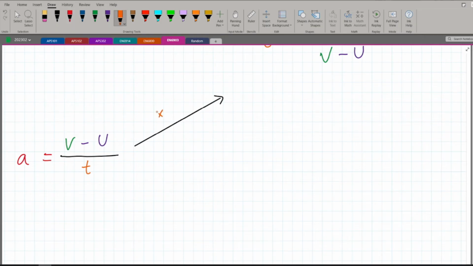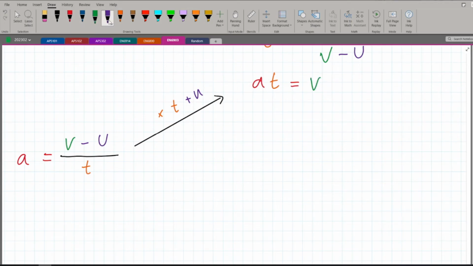You will notice that we'll have at, and then we will add u, and I will show you why. First, if we multiply by t, we get at equals v minus u.